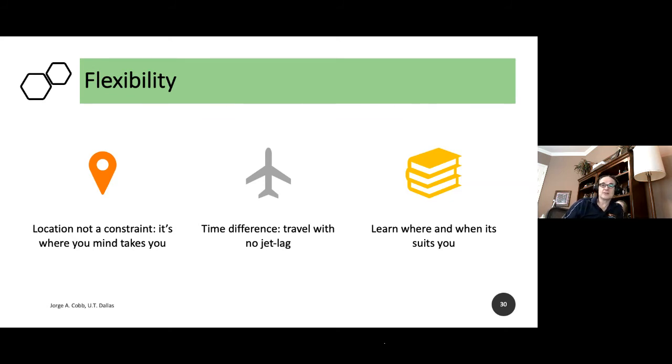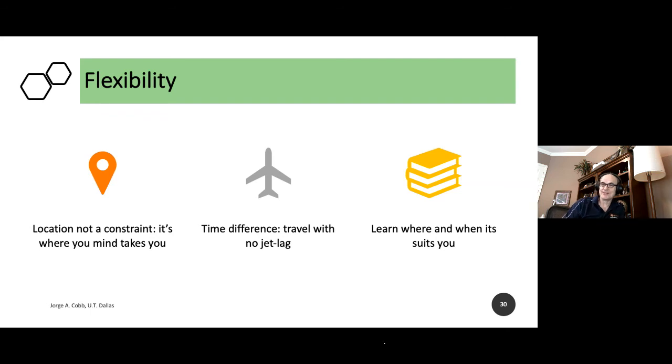It's what's inside your mind that matters: the information that you have, how well you have acquired it, how well you are at processing it. So there are, of course, time differences between here and other places. Think of it as travel with no jet lag. That's one way to think about it.